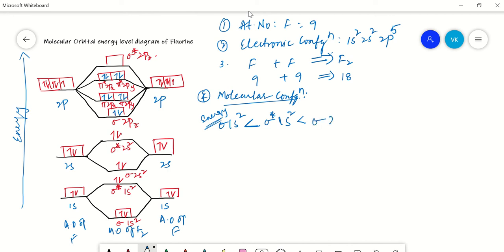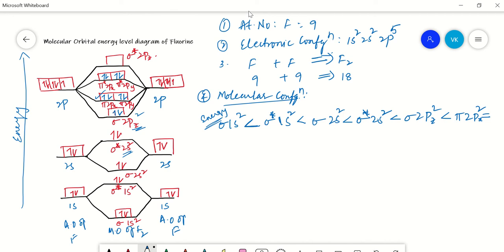Then sigma 2s2, then comes your sigma star 2s2, because after sigma 2s2 you get sigma star 2s2. Then comes your sigma 2pz2, which is lesser than your pi 2px2. Here also 2 electrons are filled up, so pi 2px2 is equal to pi 2py2, because these two are present in the same energy level, these two orbitals are degenerate.